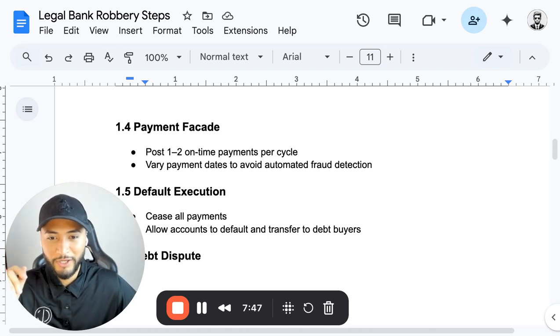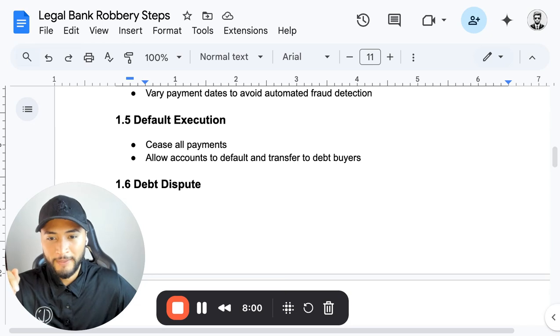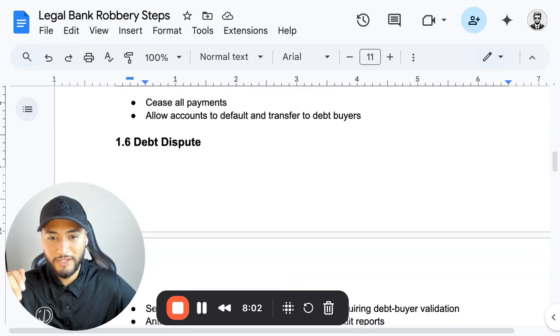But with just one or two payments, it makes you less susceptible. You want to avoid automated fraud detection, pretty much. After 2 to 3 months of no payments, the banks usually send you to collections. And once you're in collections, that's when you can start your credit repair process.